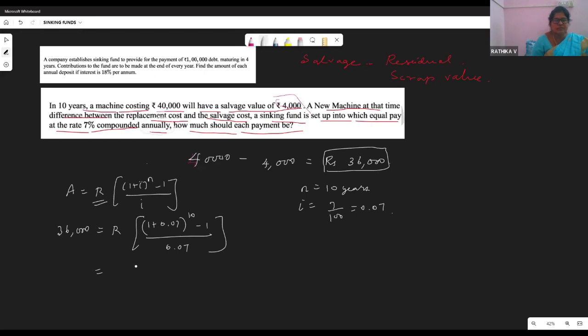So R times (1.07)^10 minus 1 divided by 0.07. Now this calculation, we have to use the FX calculator and find the value.